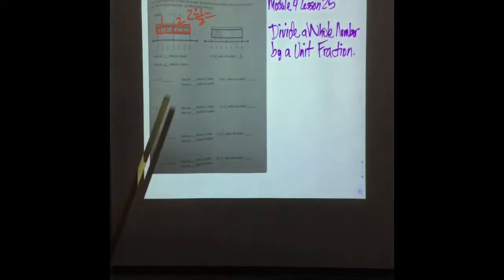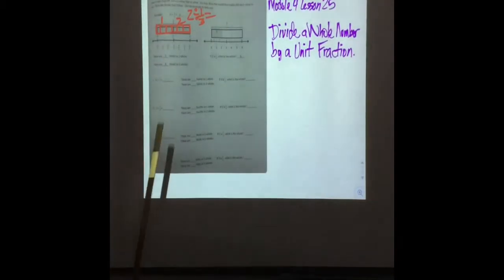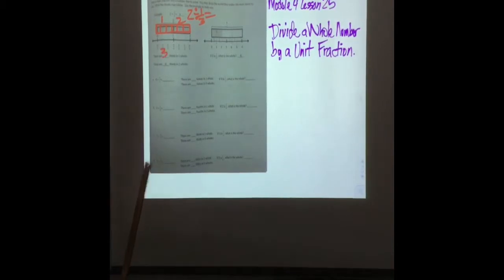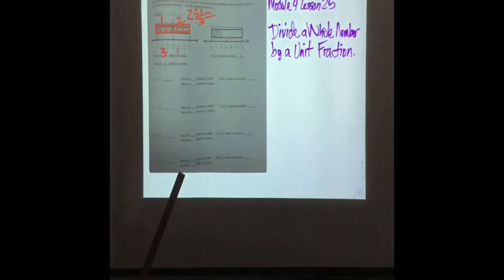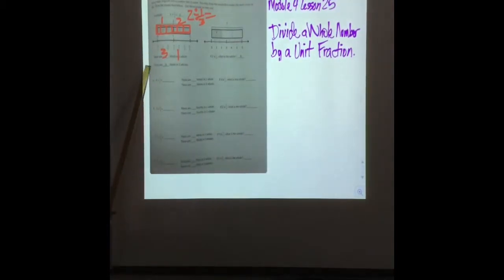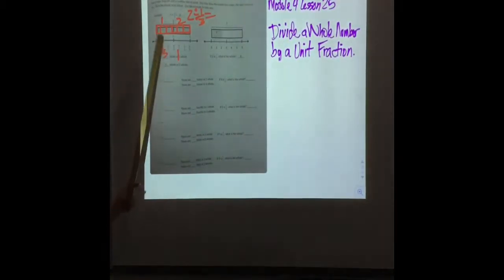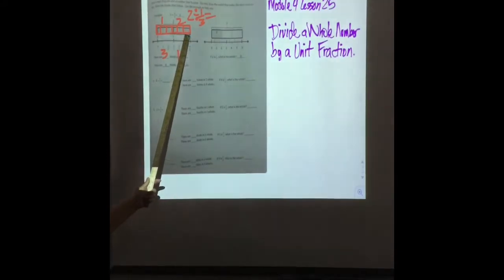We have 2 whole divided by 1/3. And what does that equal? Well, how many thirds do we have in one whole? We have 3 thirds in one whole. Now, how many thirds do we have in 2 wholes?